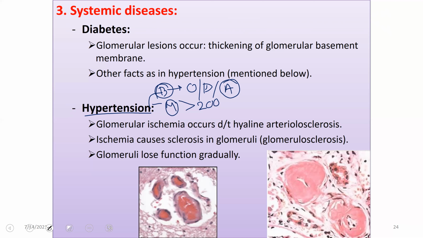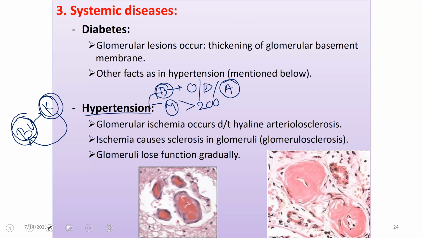Whenever we are talking about hypertension, if we are associating any diseases of blood vessels, the diseases of blood vessels will eventually involve the kidney. And whenever the function of the kidney is compromised, this will also involve the blood vessels. Let me explain this.